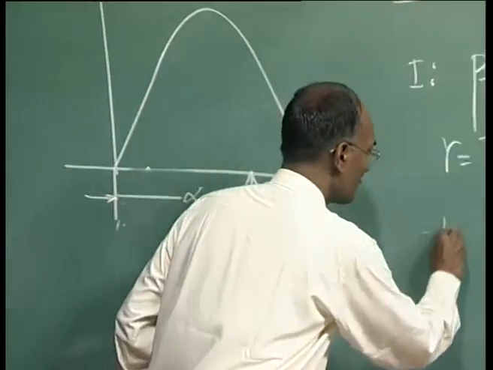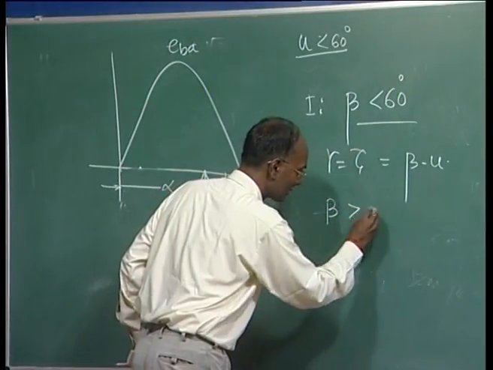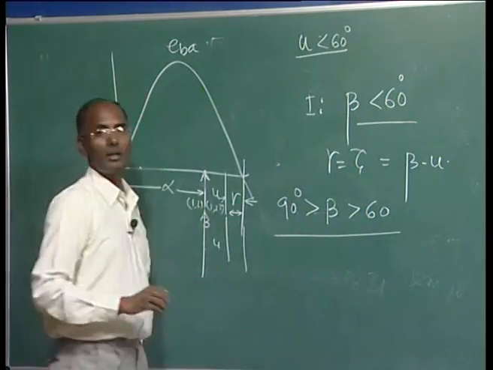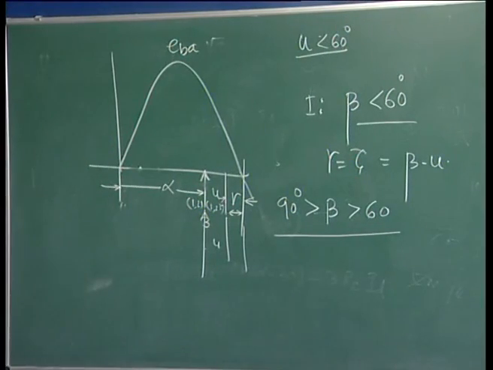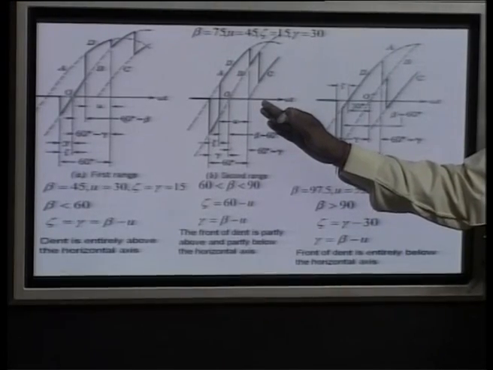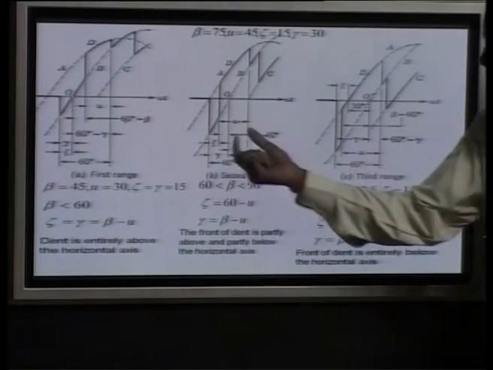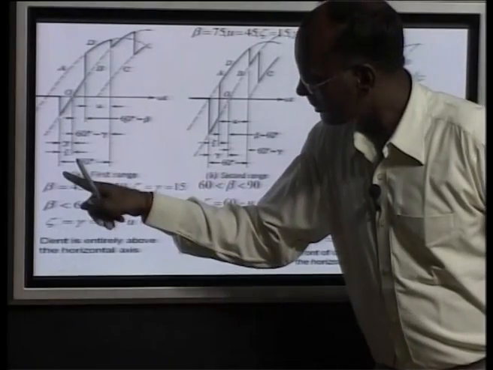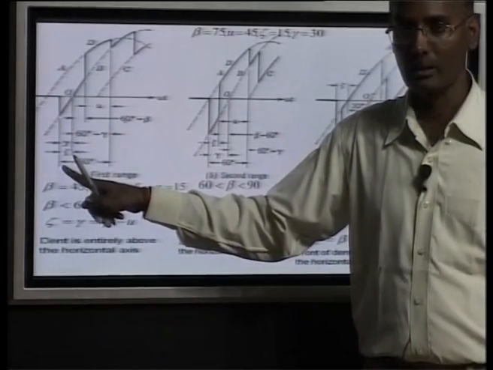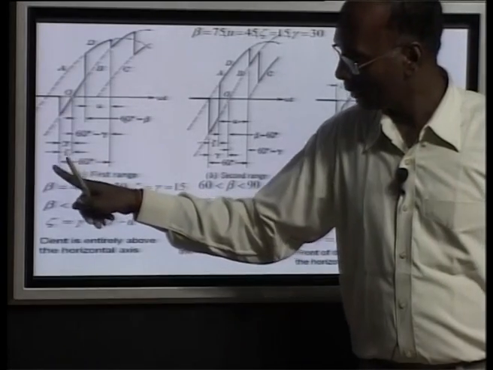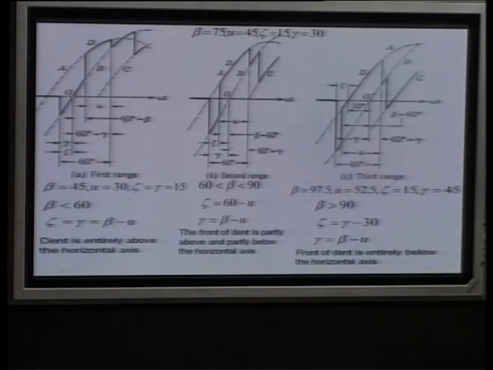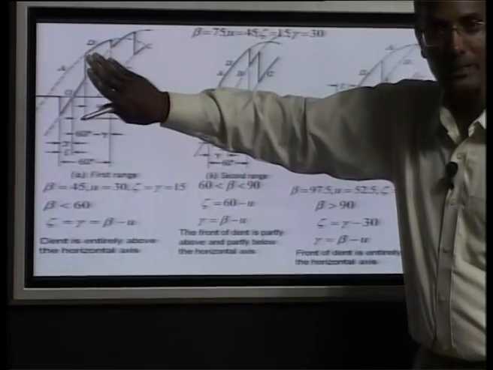So, if your beta is greater than 60 and less than 90 degree, then we are arriving at this stage 2. In this, for example, I can write what is going to be fired. Let us suppose this is the valve output voltage of valve 3.